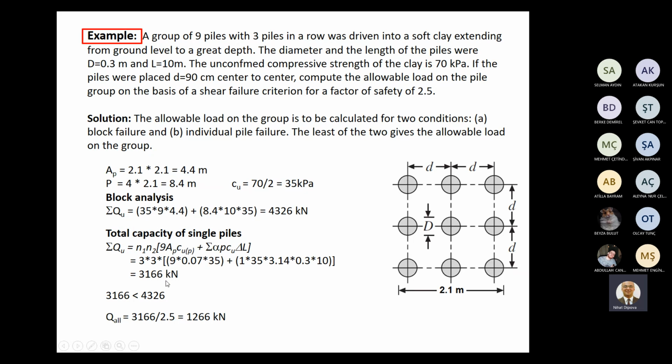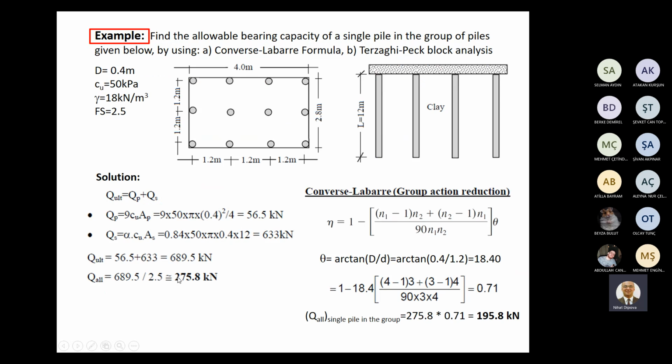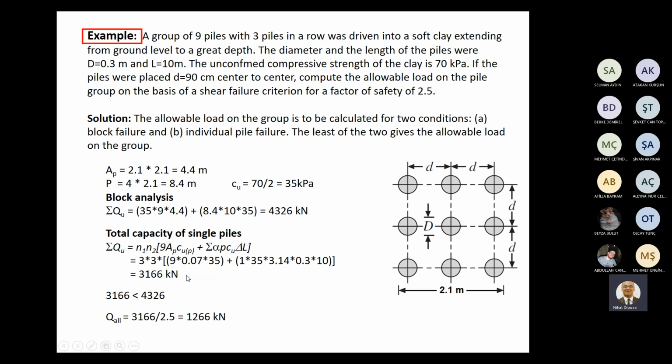So as you see, this is less than block analysis. So we can take this single pile approach as group ultimate capacity. Dividing by the safety factor, we will get the allowable bearing capacity of the group.